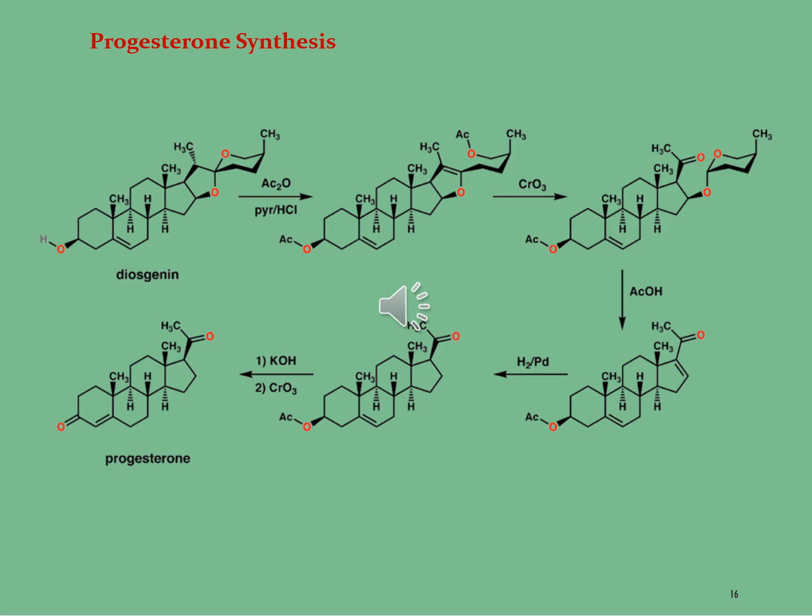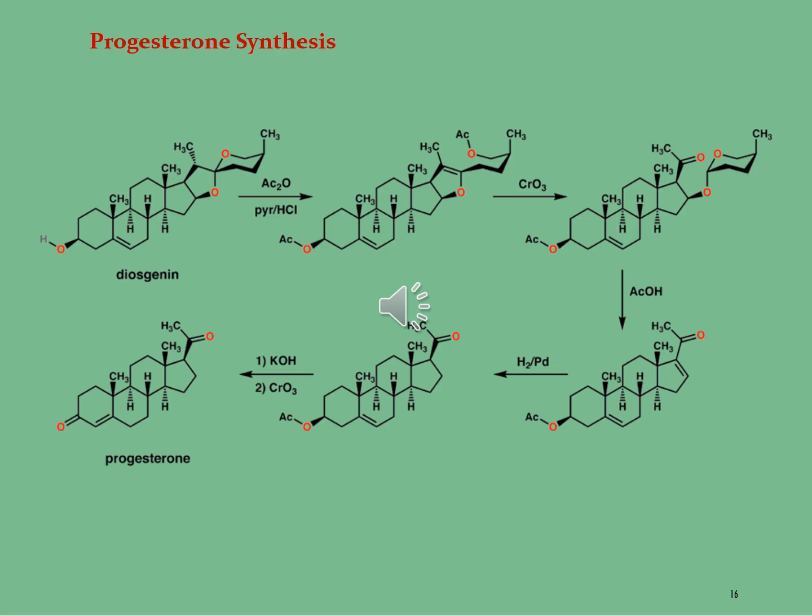This intermediate is further treated with acetyl alcohol, which is used for the removal of the sugar moiety. In this way we obtain an acetyl group at carbon 17 position of the basic steroid structure.